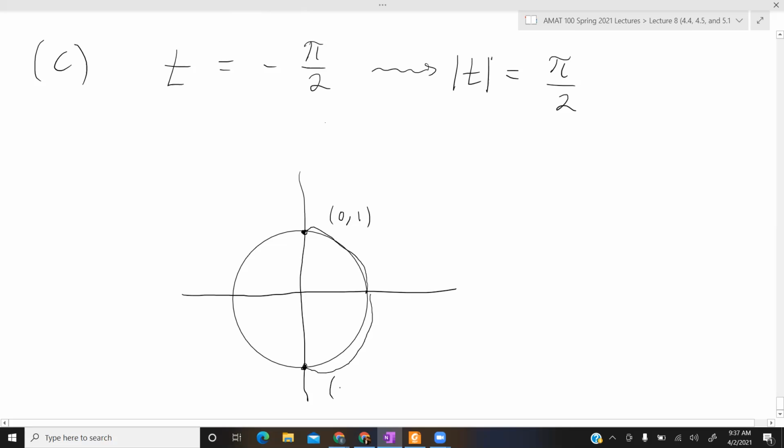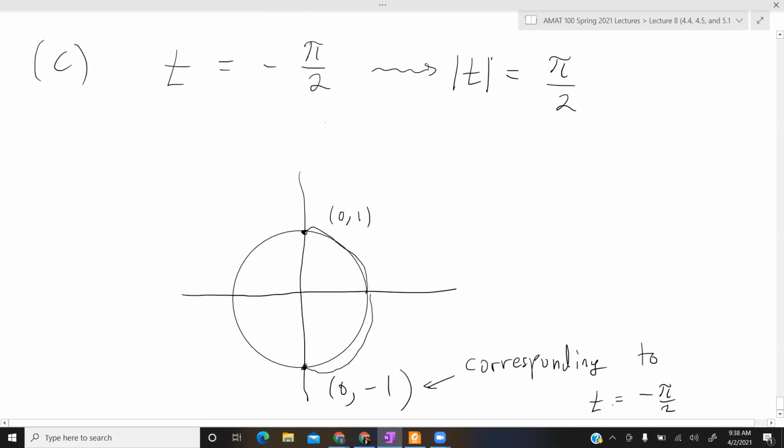So the point corresponding to this number is pretty easy to determine. You just put a negative sign. You just multiply by -1. You multiply each coordinate by -1. So this is the point corresponding to t equal to -pi over 2.